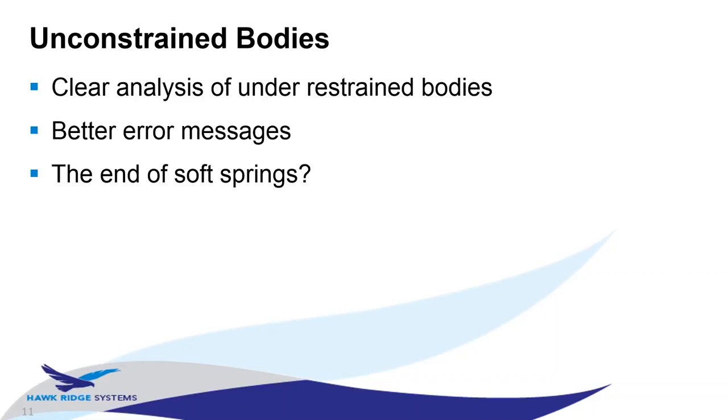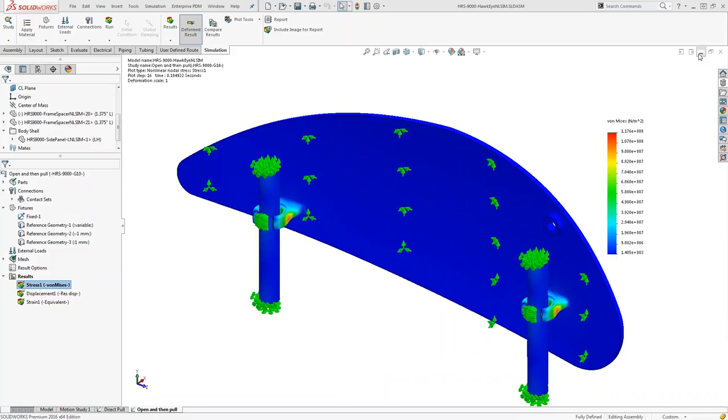Now in 2016, as I'll point out, there are better error messages, and also there is the end of soft springs. I'll get back to that later on. I'll let you guys decide whether you think it's the end of soft springs or not. But before that, let's jump back into our analysis here.